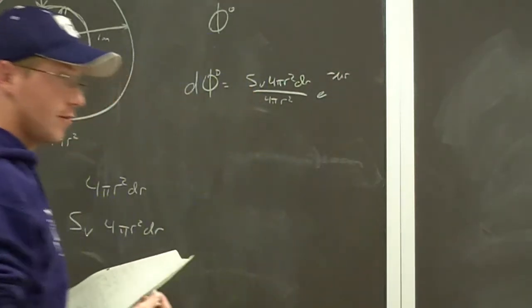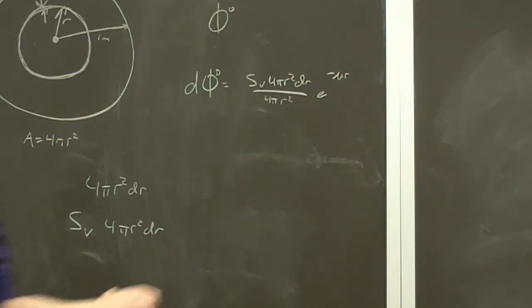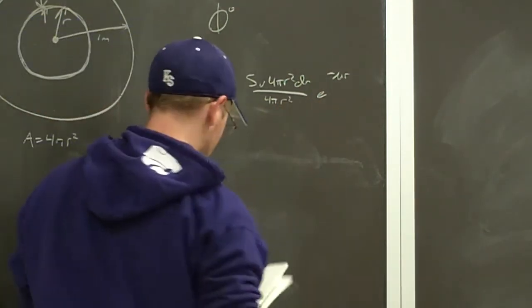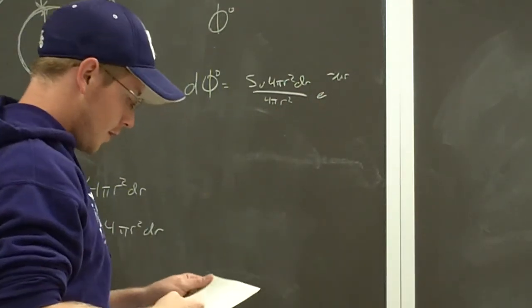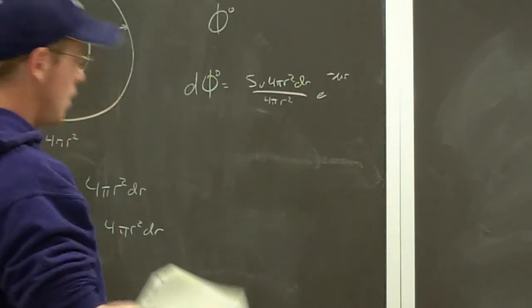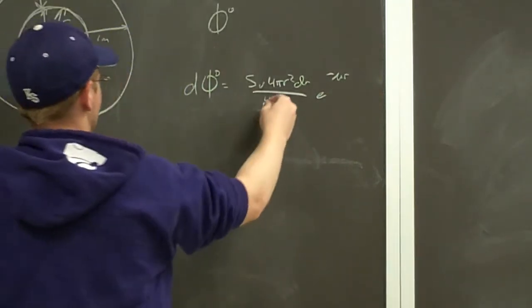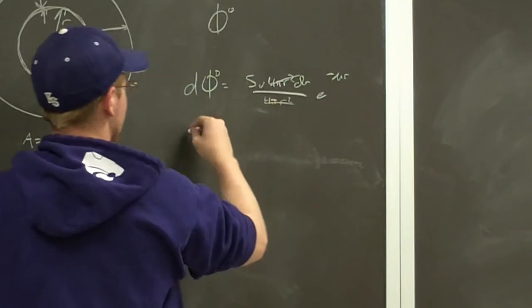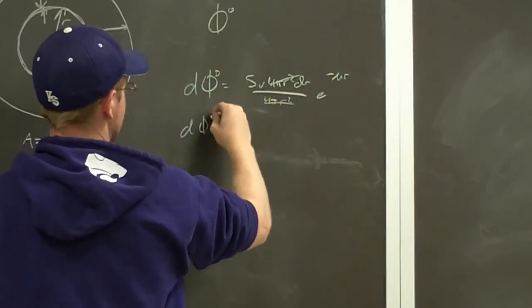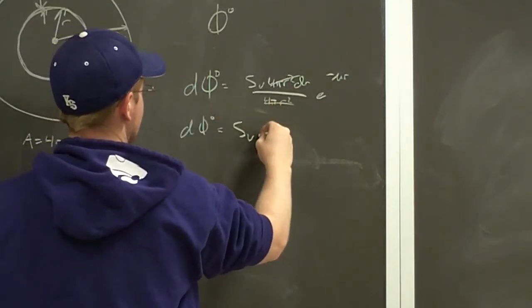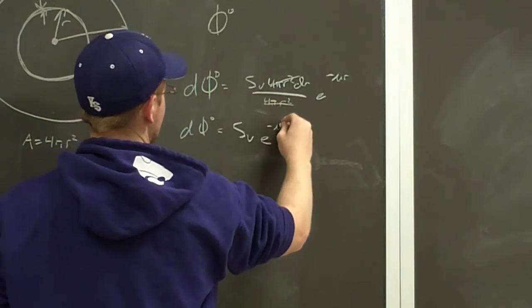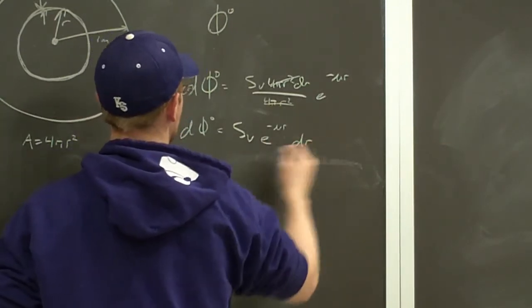Everybody okay with that? You have your geometric attenuation and exponential attenuation. These cancel out, making your life nice and easy. So d phi equals SV e to the negative mu r dr.